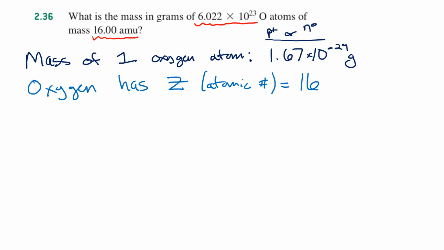The atomic mass is, oh wait, no, sorry, of course, that's why my brain's going, no, that's wrong. It's been a long day already, yes. So the atomic number of oxygen is 8. The atomic number is 8. The atomic mass is 16.